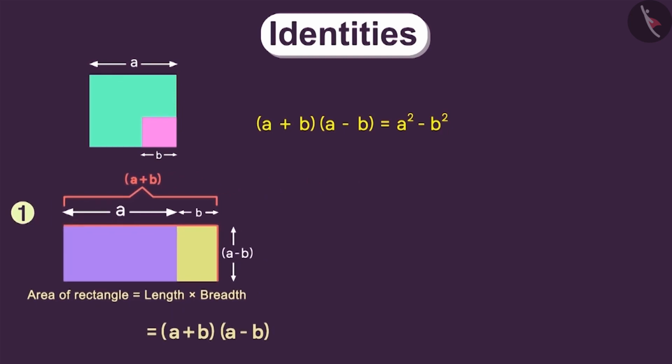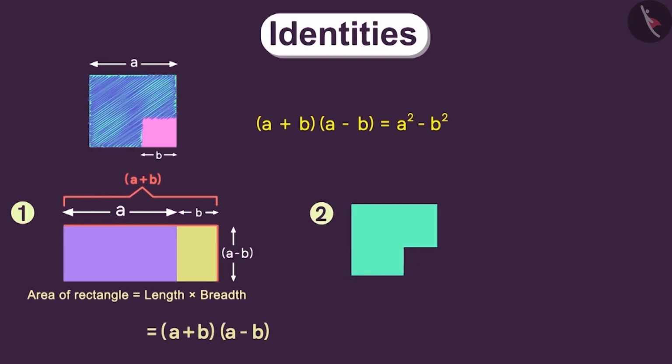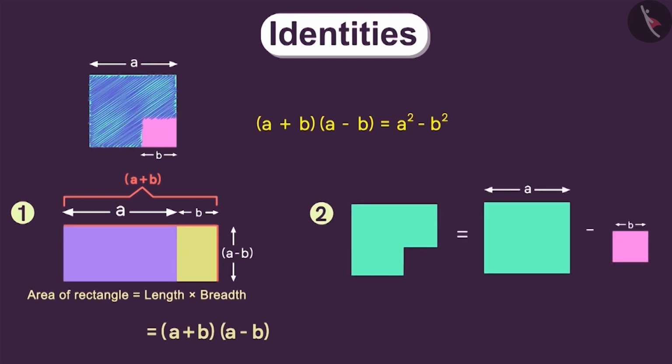There is another way to find this area. This area is actually equal to the area of this larger square minus the area of this smaller square. What will be the area of these two squares? The area of larger square will be a square and the area of the smaller square will be b square.